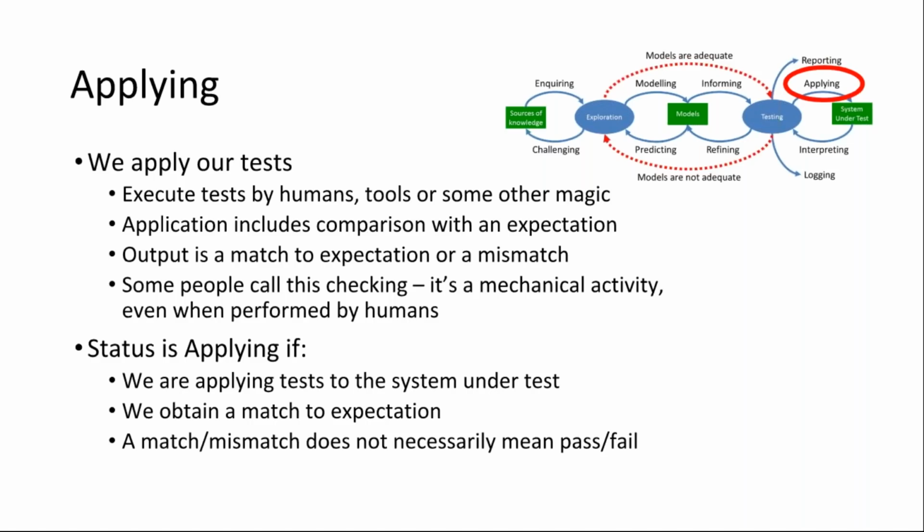However we apply those tests, I don't care. That's a case of logistics, which I'm trying to avoid, because as soon as we get into logistics, as I said last time around, you start getting into site-specific, team-specific and technology-specific behaviors. I'm trying to stay above that, okay? So applying is the execution of tests.